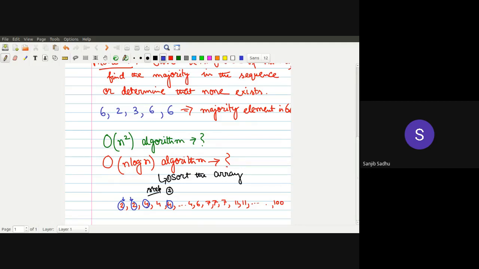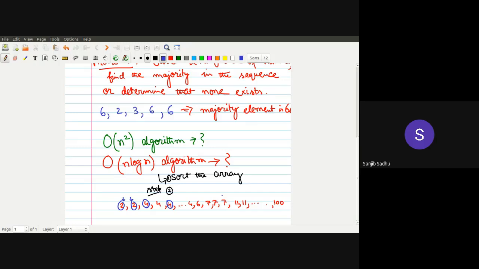Then you subtract the position index of the first element from the last, since there may be duplicate elements, so you can find the frequency of each element. How many times are you searching? At most n. So n into log n. And you know which has the more frequency, greater than n by 2, that you can find out. That is n log n.